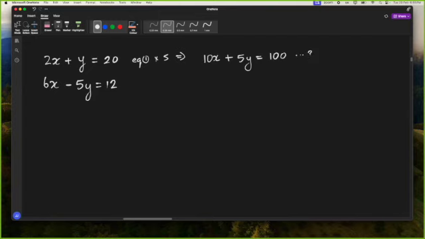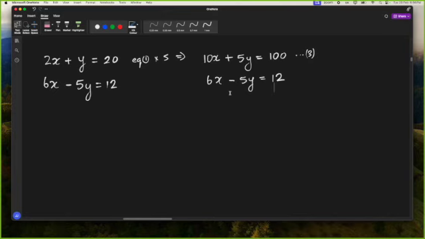So I have equation 3 here, and then I have my normal equation 2 here, 6x minus 5y is equal to 12. Here comes the question, should I add them or should I subtract them in order to get rid of y?